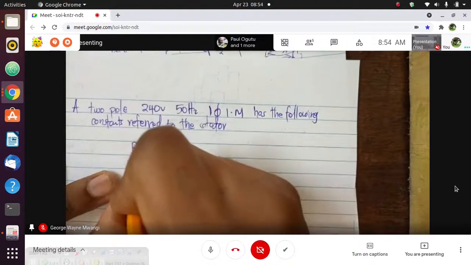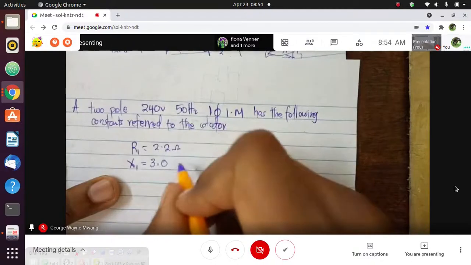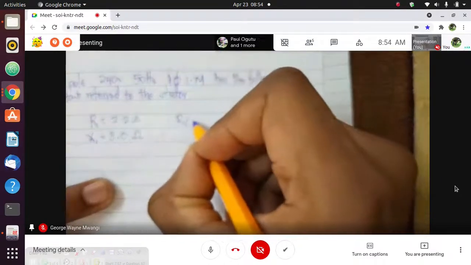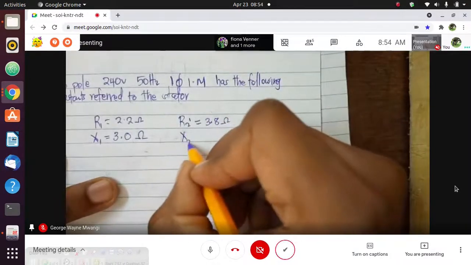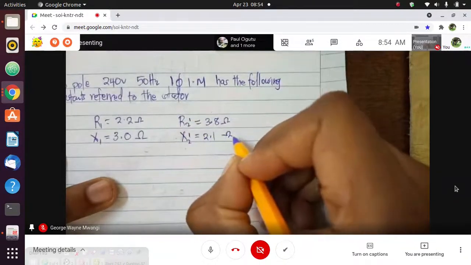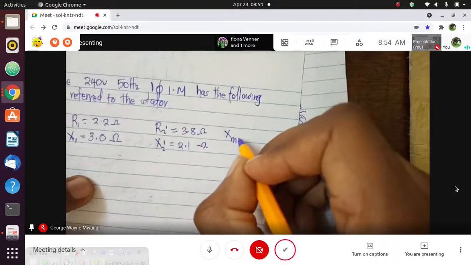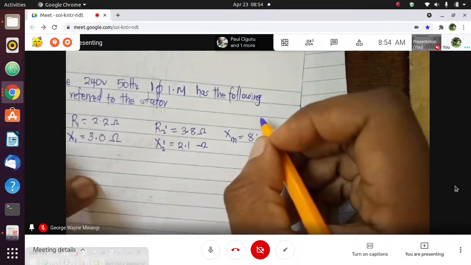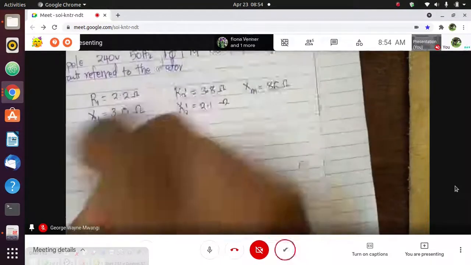The value of the stator inductive reactance is 3 ohms. The value of the rotor resistance is 3.8 ohms, and the inductive reactance in the rotor is 2.1 ohms, and the magnetizing reactance is 86 ohms. And you have been told to find the stator current.